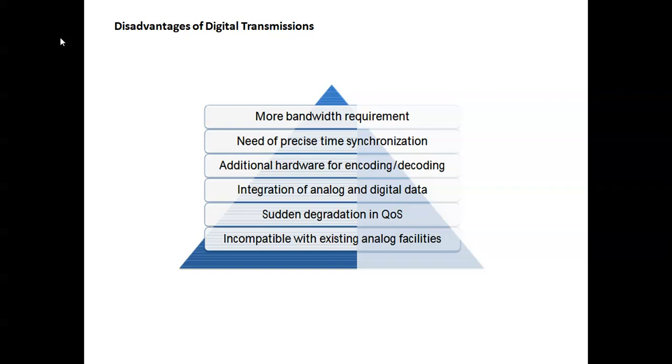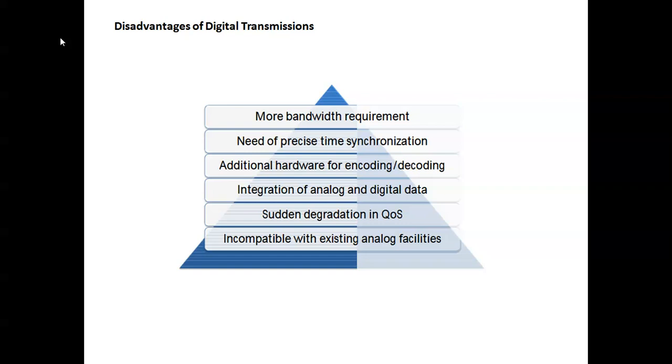For the transmission system, two pieces of hardware are needed: an encoder on the transmitter side and a decoder on the receiver side. This additional hardware is needed for encoding, decoding, and integration of analog and digital data.